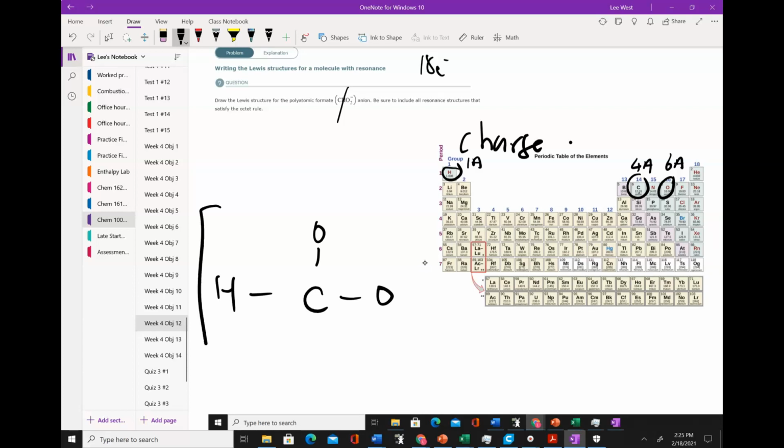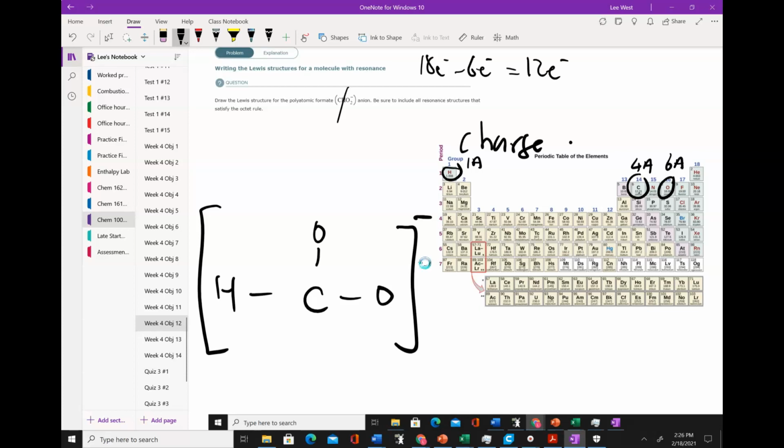We put the whole thing in parentheses with a minus sign. Now I deduct the number of electrons just used to get the basic structure: 2, 4, 6. Take away 6 electrons from my total, leaves 12 remaining.